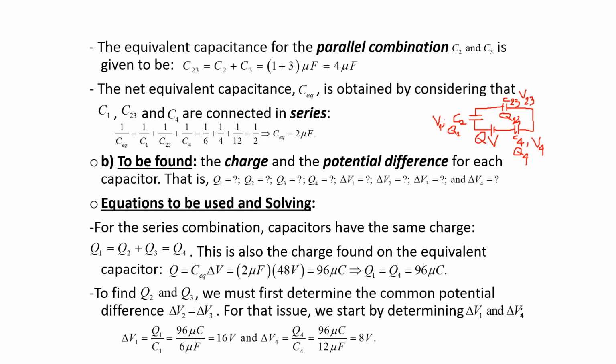And then to find the charge stored by capacitor 2 and capacitor 3, we need to determine their common potential difference, because the potential difference across the terminals of the battery is equal to the potential difference across capacitor 1, plus the potential difference across the combined capacitors 2 and 3, plus the potential difference across the fourth capacitor.